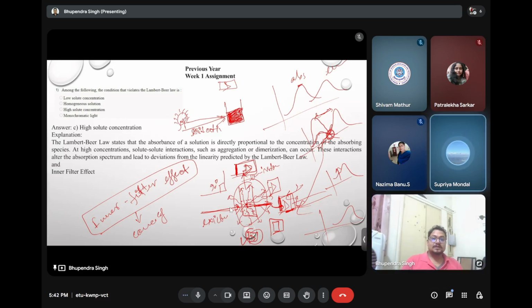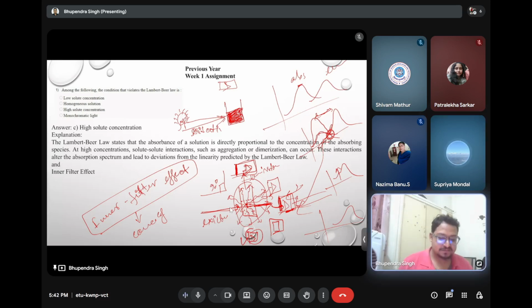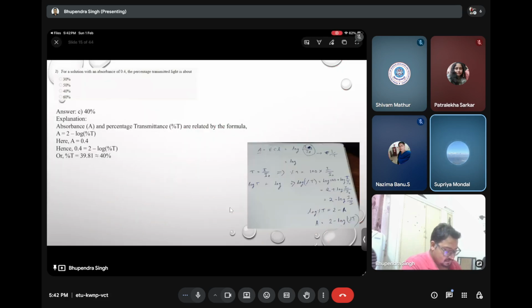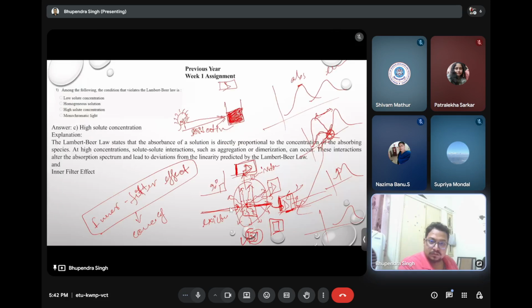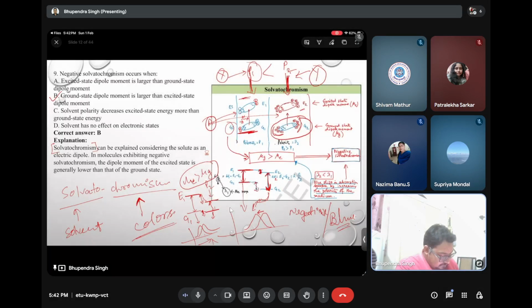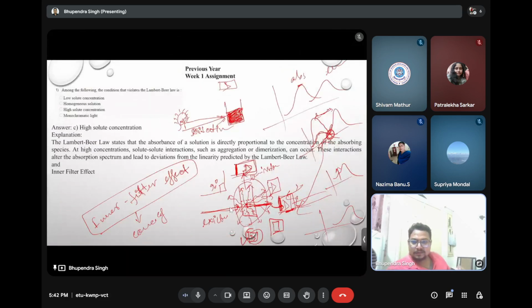Perfect. Okay. Your first reasoning was correct, that the detector will not detect the emission that prominently.